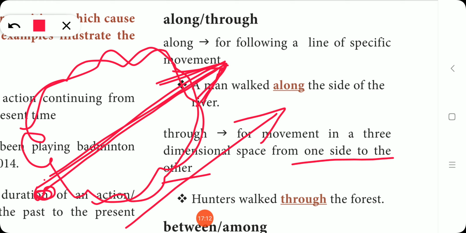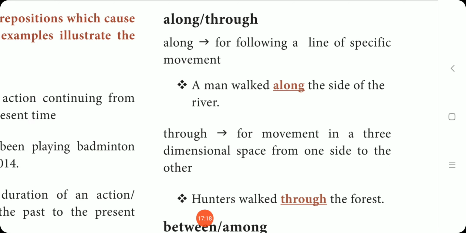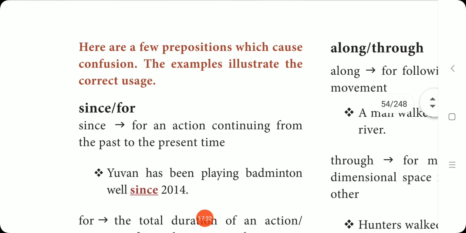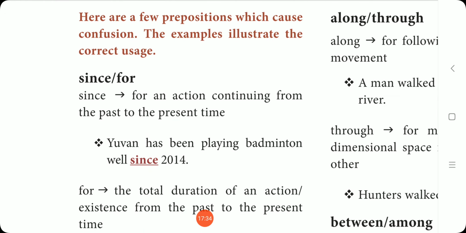So this is simple. I hope it will be easy for you to understand. Hope every one of you has understood how to use along and through. It will be better for you when you are answering the exercise questions. So we have completed where to use the prepositions. There are lots of prepositions. We are just seeing only the confusable prepositions.